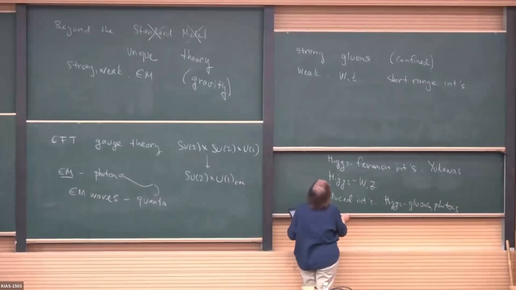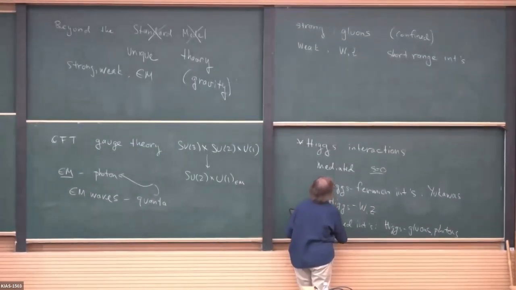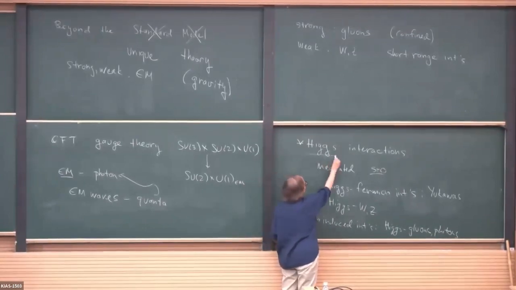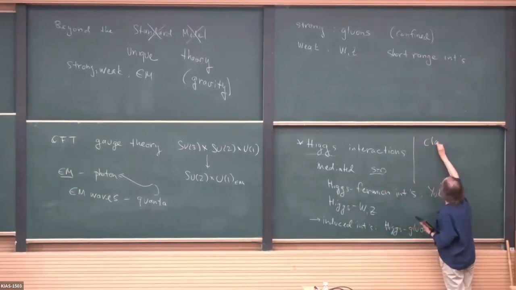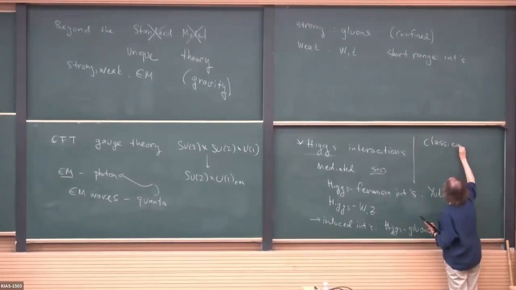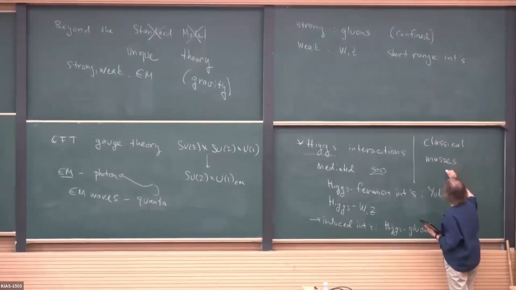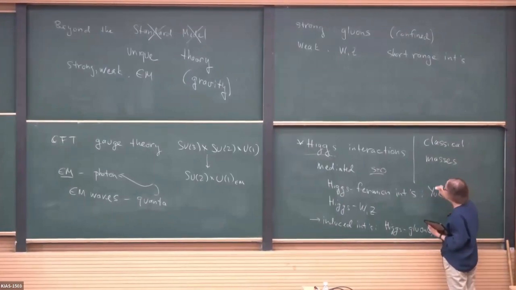In this case, too, the thing that we observed first is sort of the classical effects of the Higgs field. So at the classical level, what you see is that the Higgs field gives masses to all the fundamental particles.